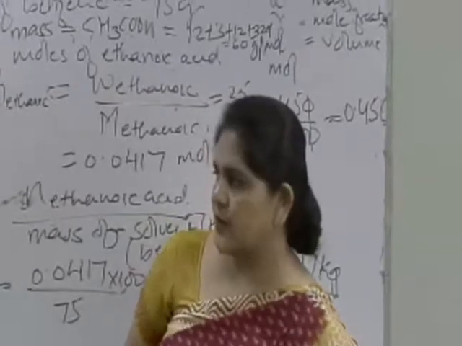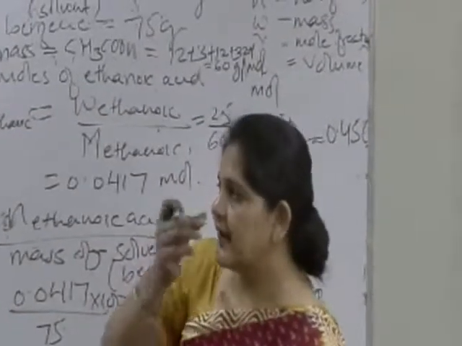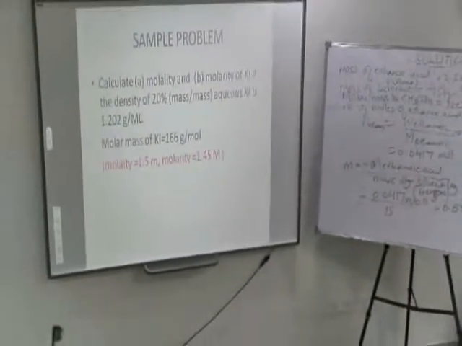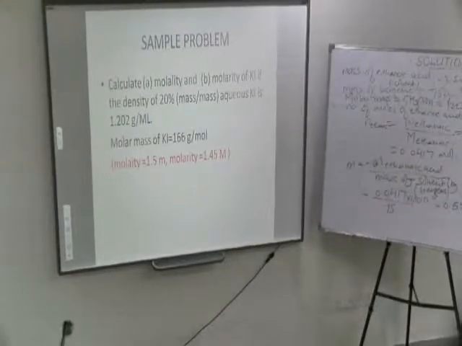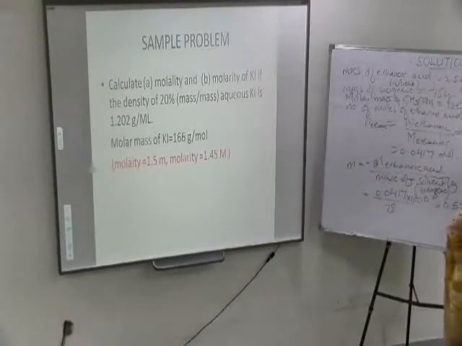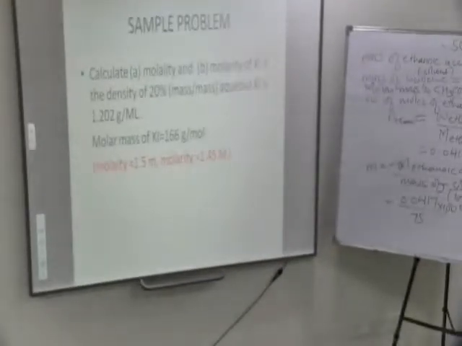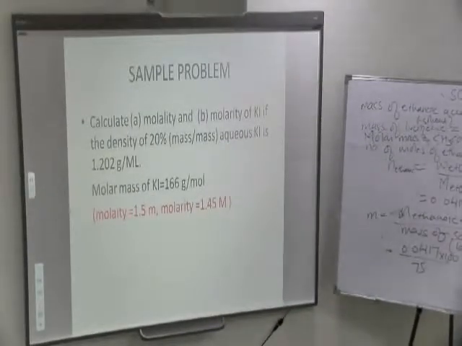Let's come to the second problem. Calculate molality and molarity of KI if the density of 20% mass by mass aqueous KI is 1.202 gram per ml. Now before we solve this particular problem, you should know how to convert the mass into volume and the volume into mass.